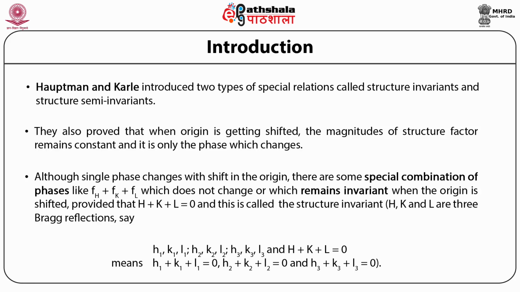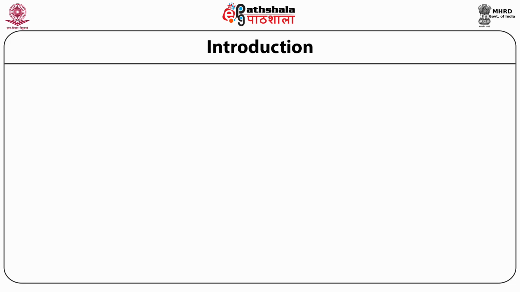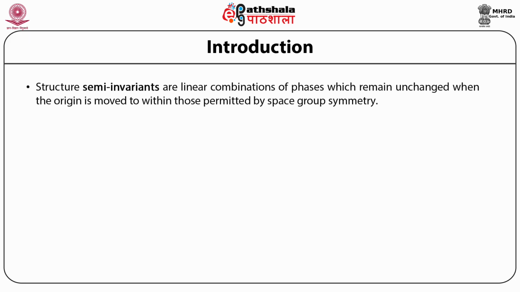Now, this is the definition of a structure invariant: a linear combination of phases which remains unchanged, or invariant, when the origin is shifted. There is another phase relation known as structure semi-invariants, which are linear combinations of phases that remain unchanged when the origin is moved within those permitted by space group symmetry. For example, if you have a two-fold symmetry, it is convenient to keep the origin on the two-fold axis.